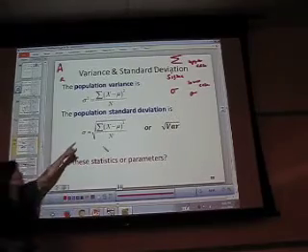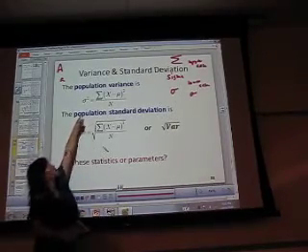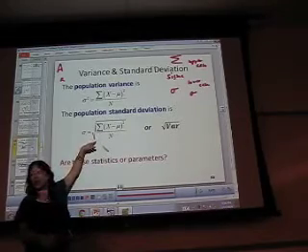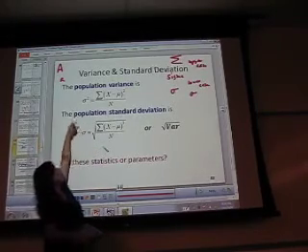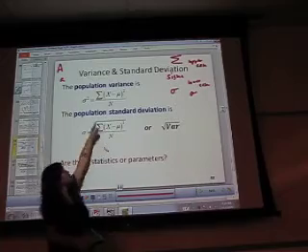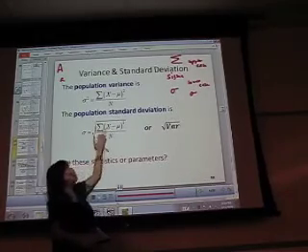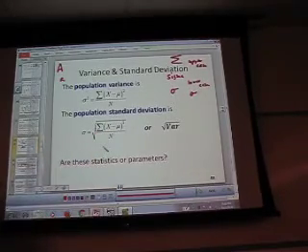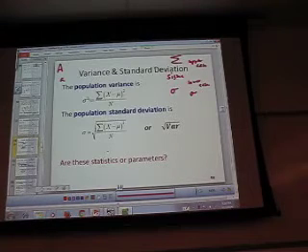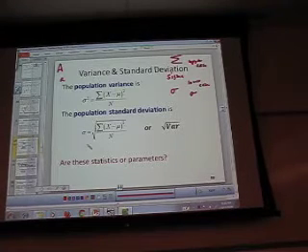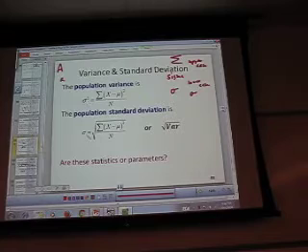Likewise, this is the square root of whatever that is. If that was 9, this would be 3. So since that's sigma squared, this is the square root of sigma squared. Which is why this is called sigma squared, and this is called sigma. Because this is the square of this one.